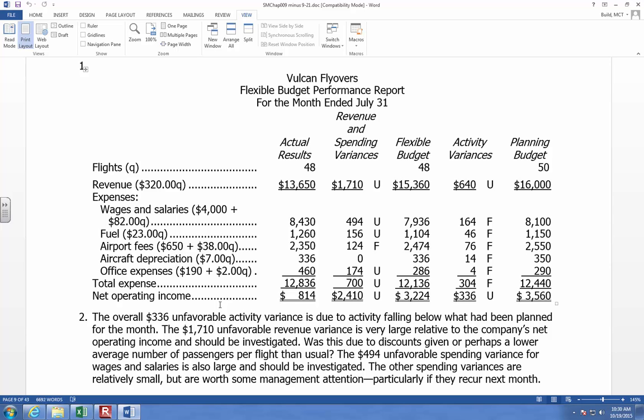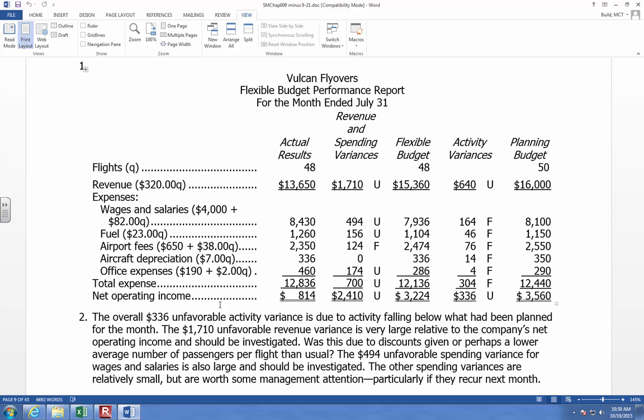So they want to know what happened with our flyovers. We planned for $3,560. We had 2 fewer flyovers, so we only earned $814. $336 of that fall is attributable to what? My question is, I planned for $3,560 of operating income, and I actually got $814.